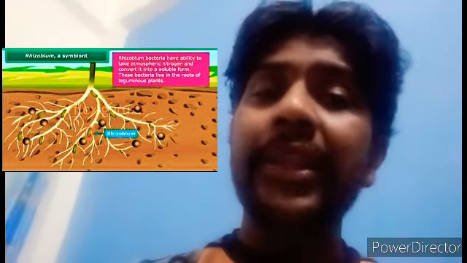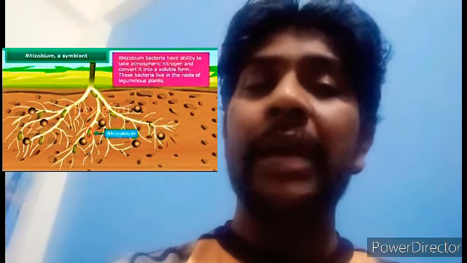The Rhizobium converts it into a soluble form, and this soluble form from the soil or water gets absorbed by the plant, and with the help of those absorbed minerals and Rhizobium, it will be converted into protein, and this protein reaches the plant, and the plant will get its fat and protein with the help of Rhizobium.